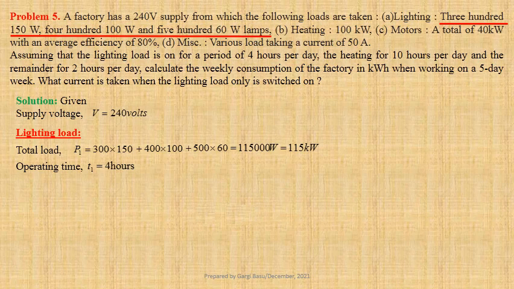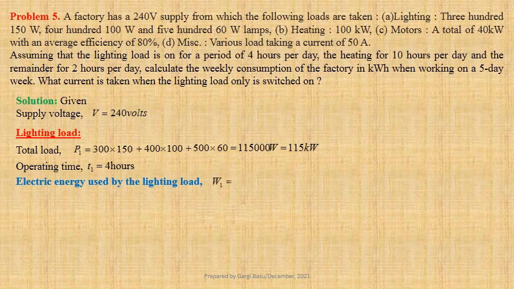Let us now calculate electric energy used by the lighting load. W1 equals P1 into T1. Using values we get 115 into 4, that is equal to 460 kilowatt hours.